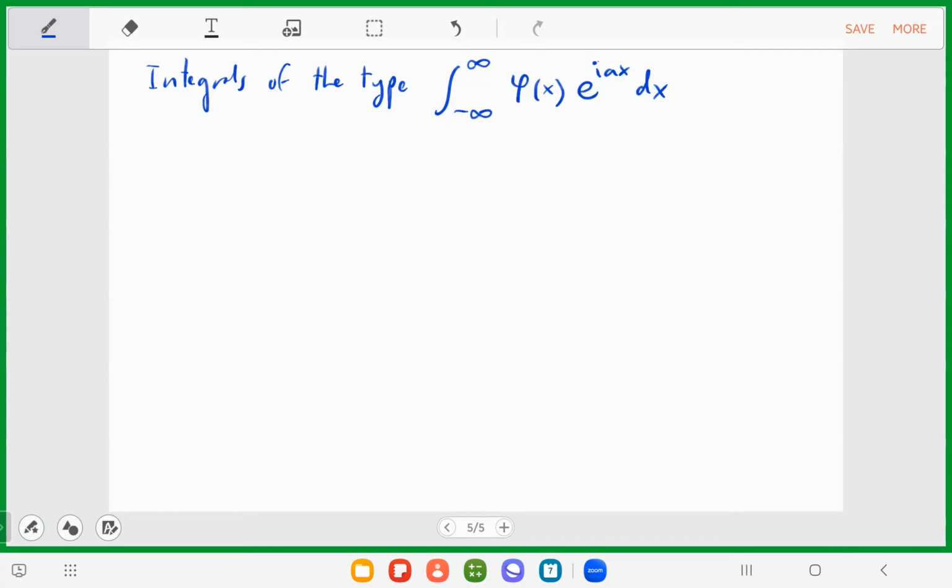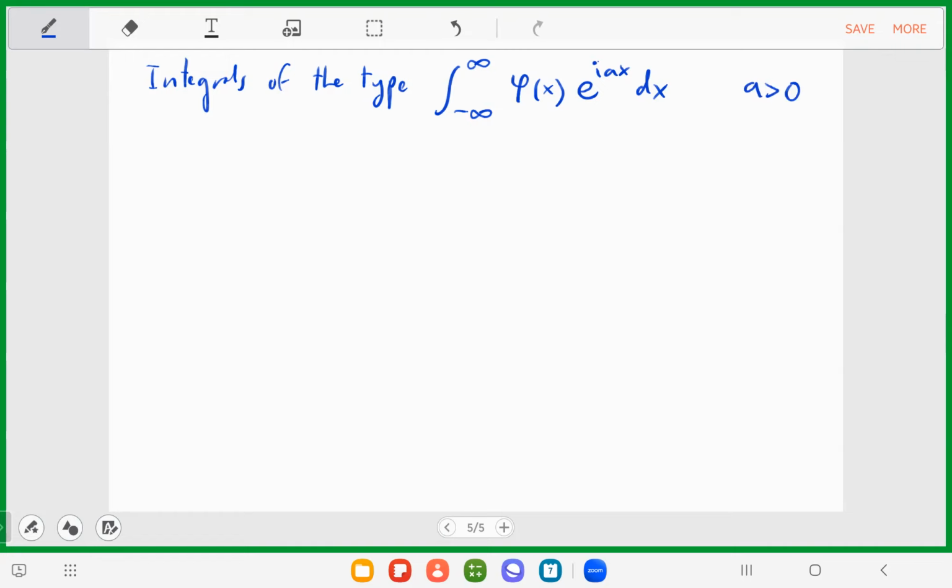In that case, instead of a as a constant, we can evaluate that with a variable, some kind of frequency omega or something like that instead of a. But this is a general type of integrals. Let's assume first that a is positive, but if a is negative, we can just change a little bit.